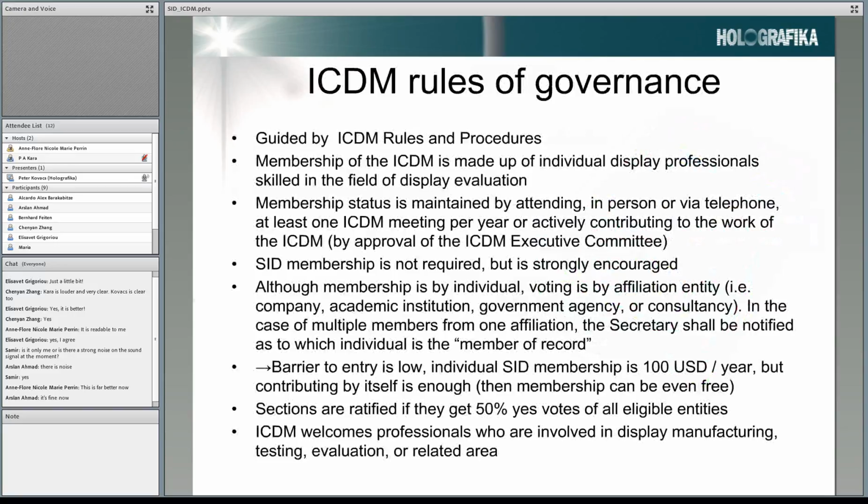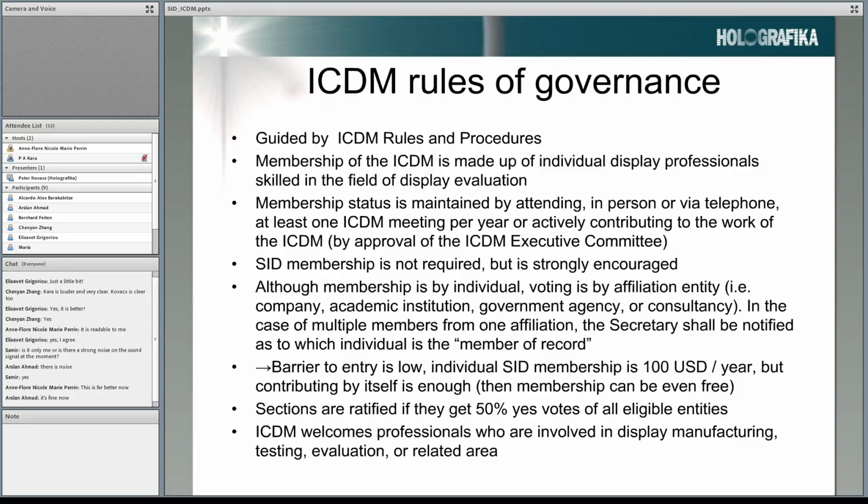So about the rules of the ICDM itself, there is a document called ICDM Rules and Procedures. So members of the ICDM are basically individuals who are somehow active in the field of display evaluation, and can be a member of this body basically by attending the ICDM meetings at least once per year, or actively contributing to the creation of the standard.